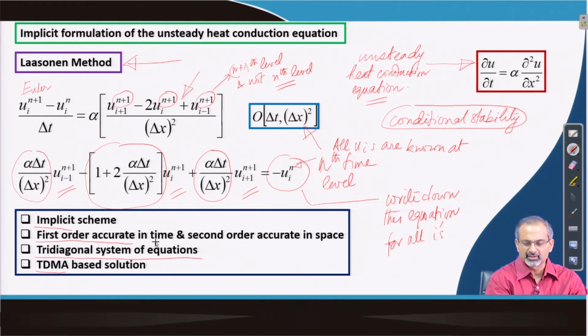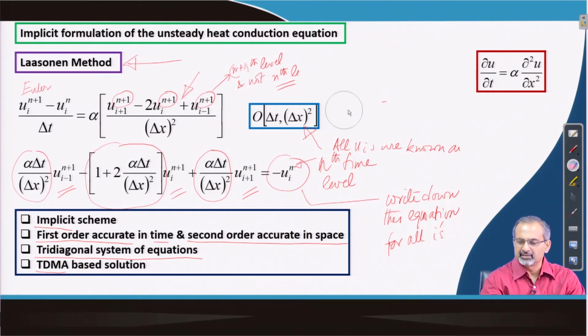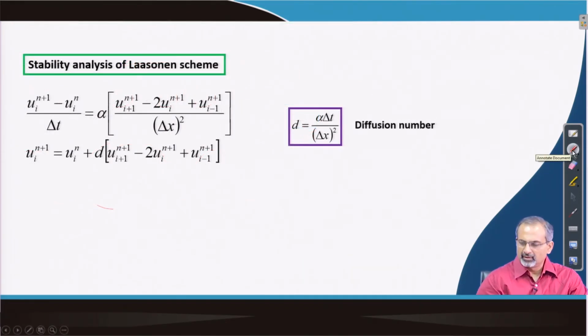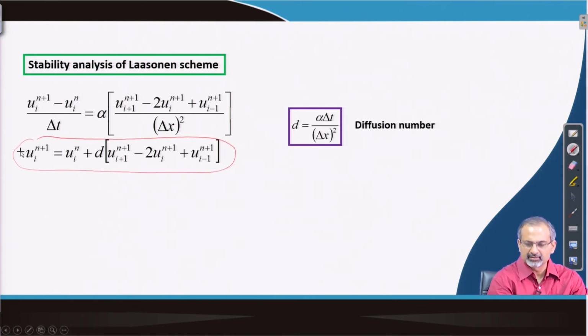We have first order accuracy in time, second order accuracy in space, and we would like to know how this formulation might affect the stability. For analyzing the stability of the Laasonen scheme, we will just rearrange the scheme and write it down like this.